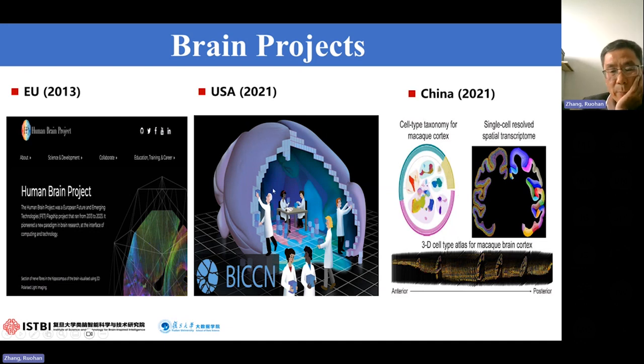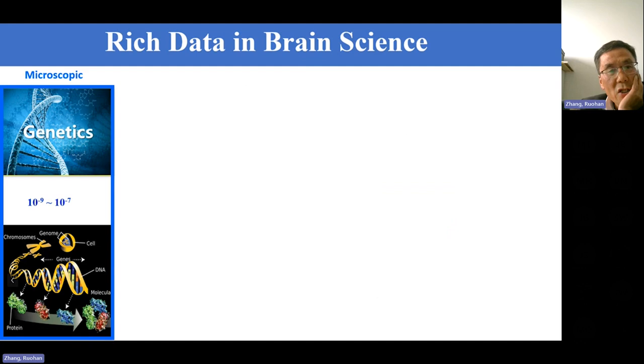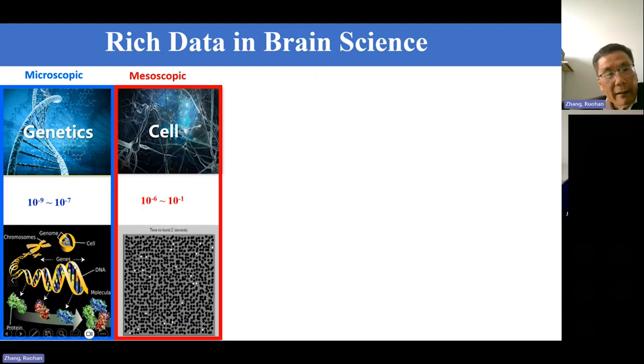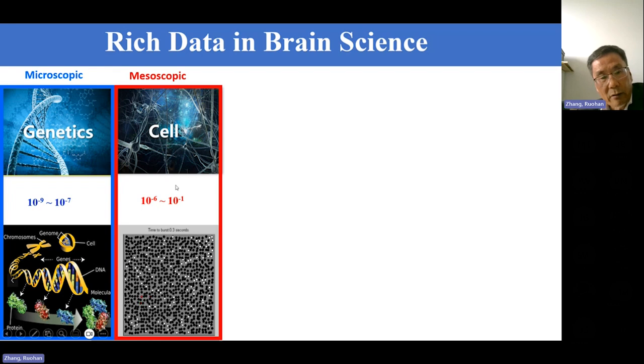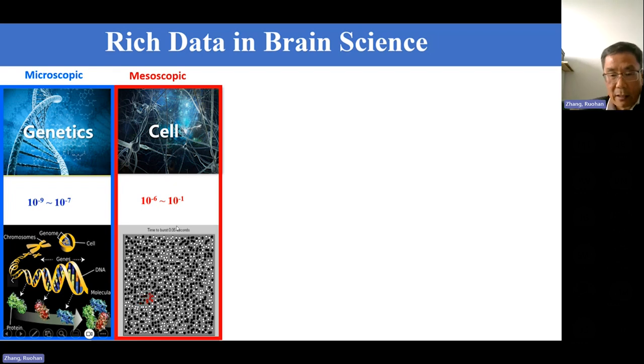With all these brain projects, we collect a huge amount of data, so it's a very rich area for brain science. We have microscopic data from the genetic side, from DNA and RNA to protein, to proteomics. We also have cellular level data, such as single neuron or multi-unit recording of hundreds, thousands, or 10,000 neurons' activity simultaneously.